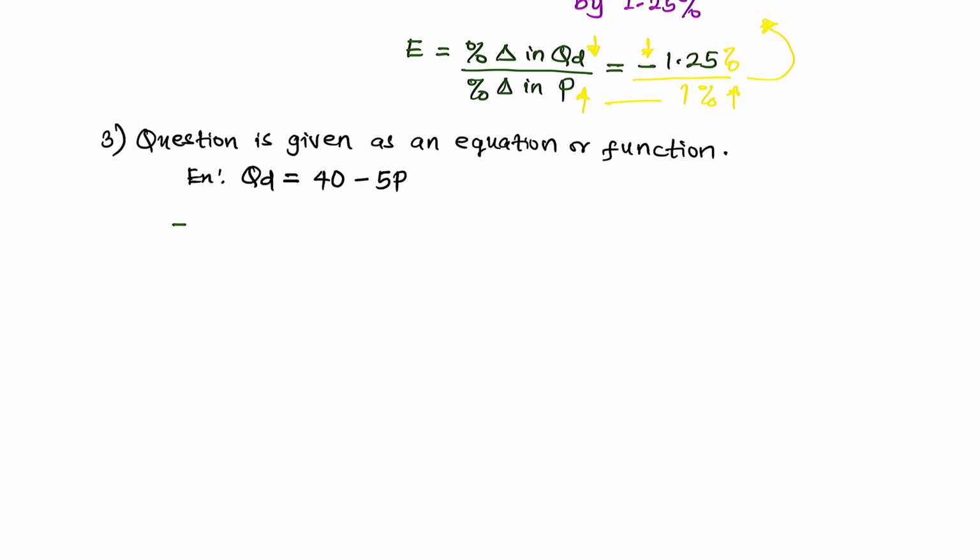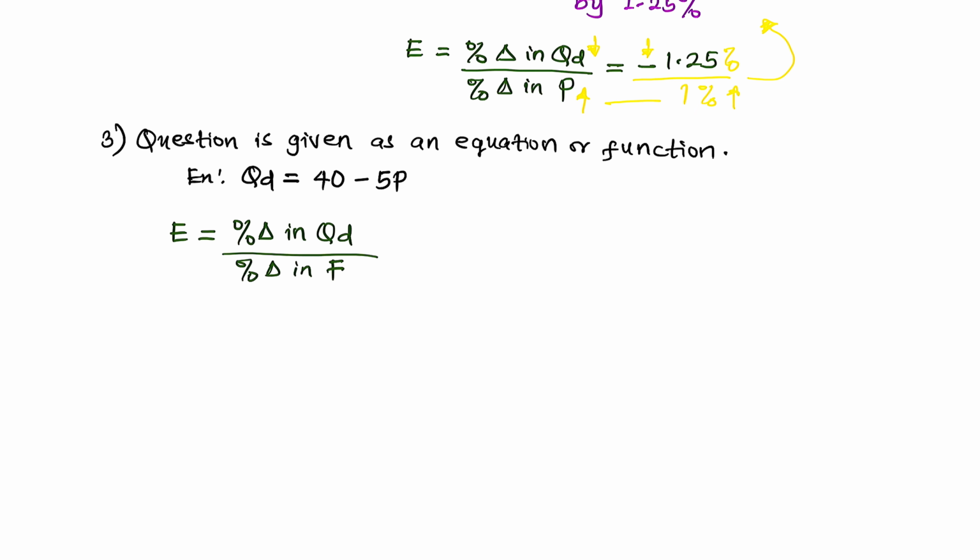At the beginning, we said elasticity of demand equals percentage change in quantity demand divided by percentage change in factor. And we said this is used when we have the question directly in percentages.